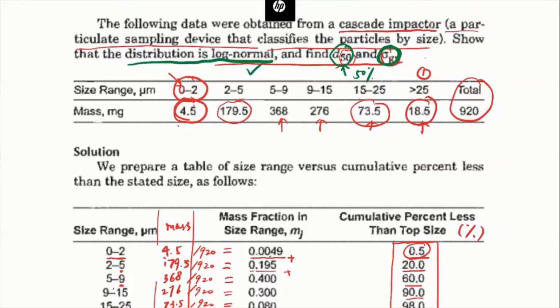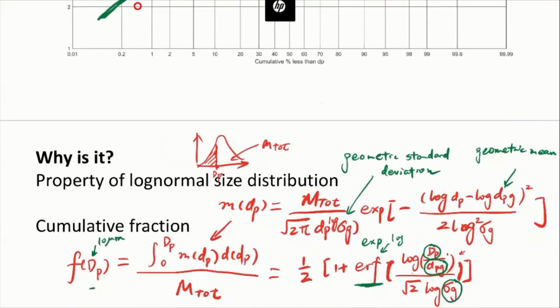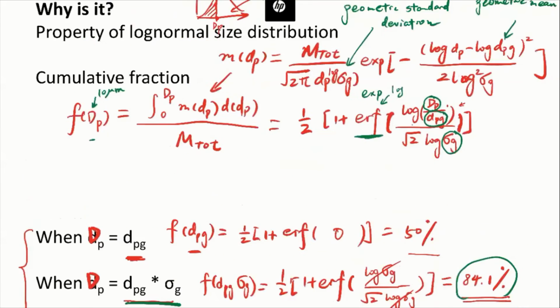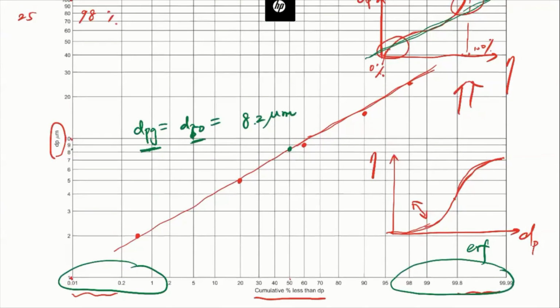So how do we do that? If you recall, when particle size is equal to dpg multiplied by sigma g, we have 84.1. When particle size is equal to dpg divided by sigma g, we have 15.9, right? We can just look at these two data points. At 84.1, that's somewhere here.